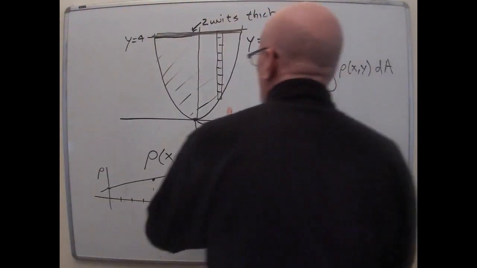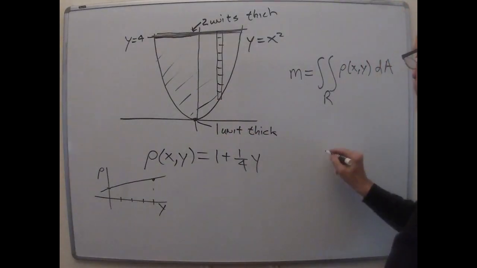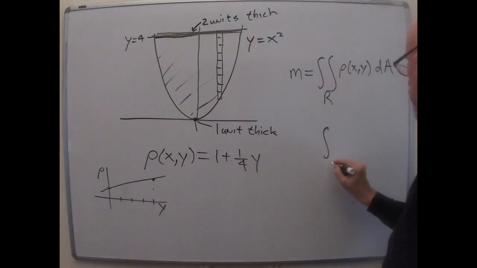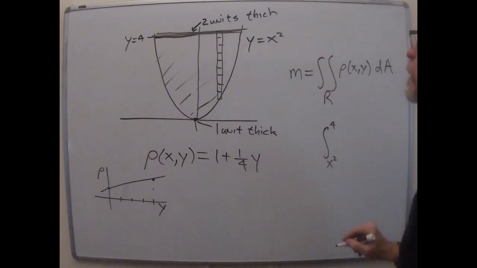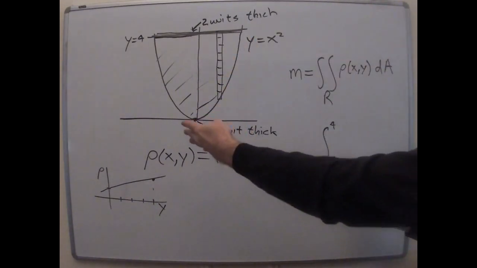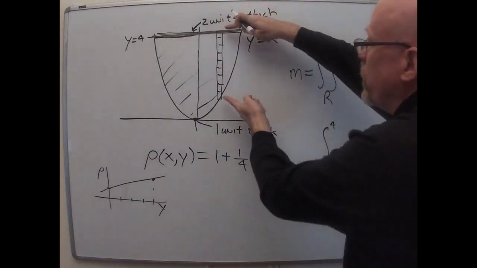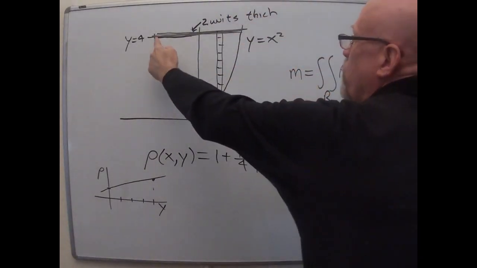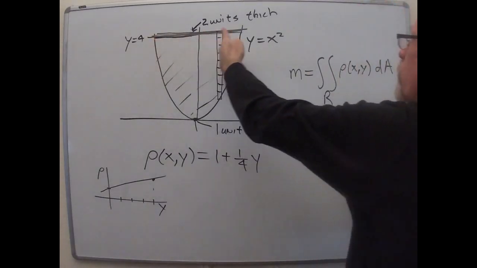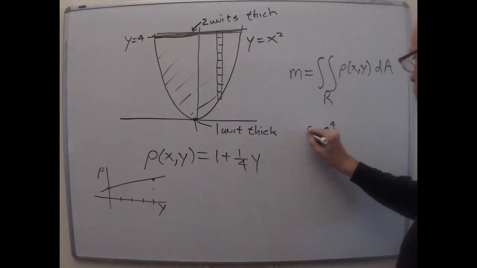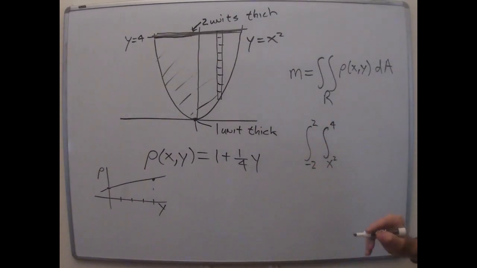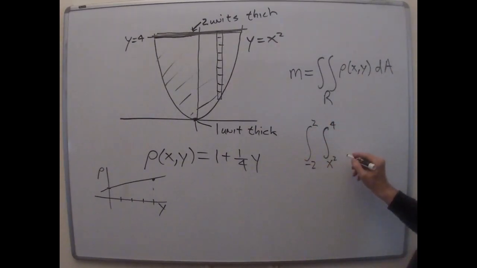So what is our low limit? It's x squared. And our high limit is 4. And then we'll integrate across, adding up all of those things that we got by adding strips this way. And that will happen everywhere from -2 all the way to +2 in the x direction. Rho was 1 plus 1/4 y, or 1 plus y over 4.